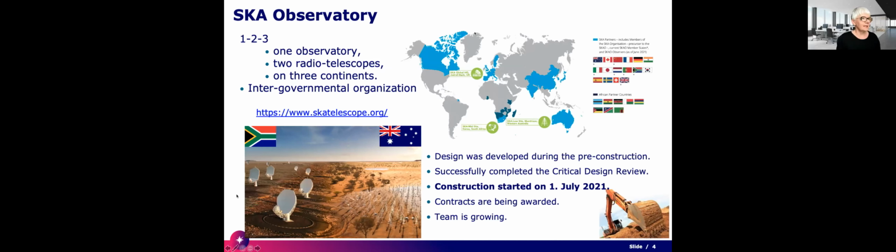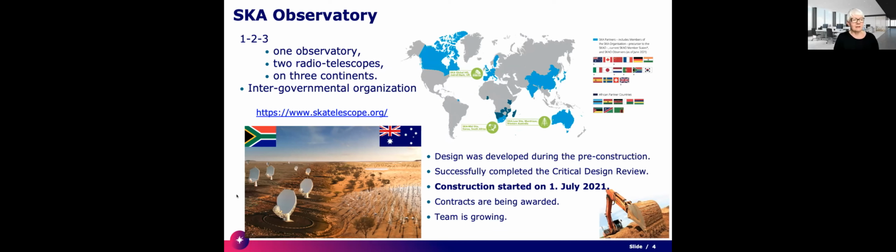So SKA Observatory comprises 2 radio telescopes and spans 3 continents. The telescopes are located in Australia and South Africa, and the headquarters is located in the UK. The blue here shows the member countries that are contributing to development of the telescopes.